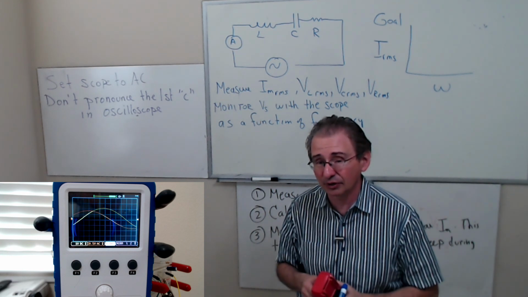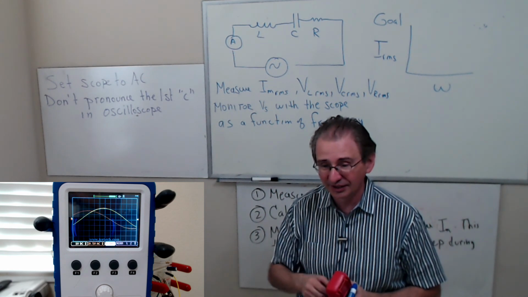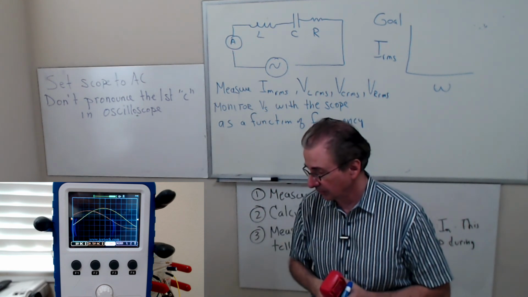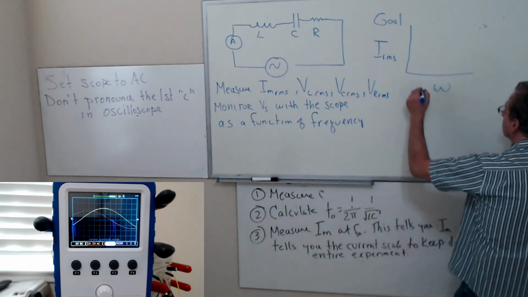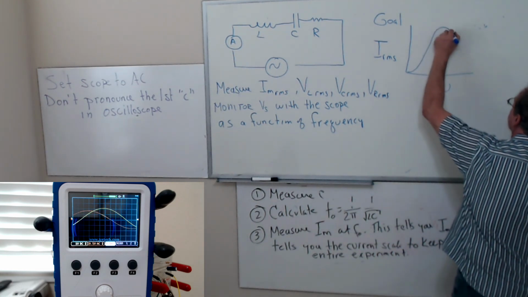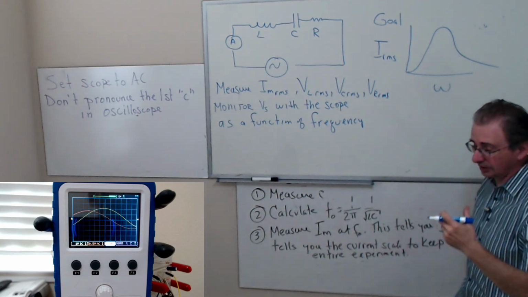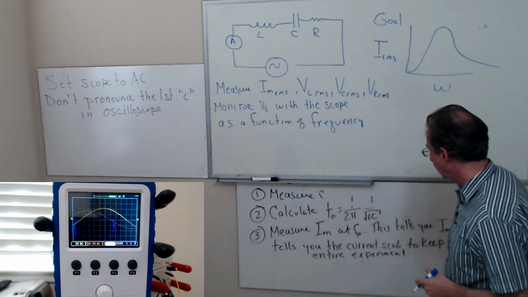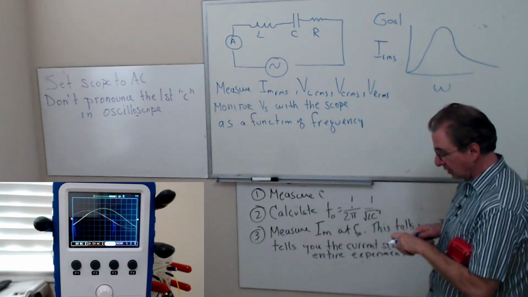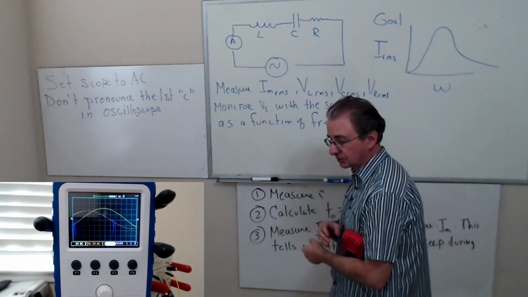It'll make it easier for you. If you plot I versus F, then you're going to define an equation. You're going to put 2 pi's everywhere. It makes the equation very cumbersome. So your goal is to get this graph. And the graph is really asymmetric. As R gets bigger, the graph is asymmetric. You got to do a little bit of preparation beforehand in order to do this lab.